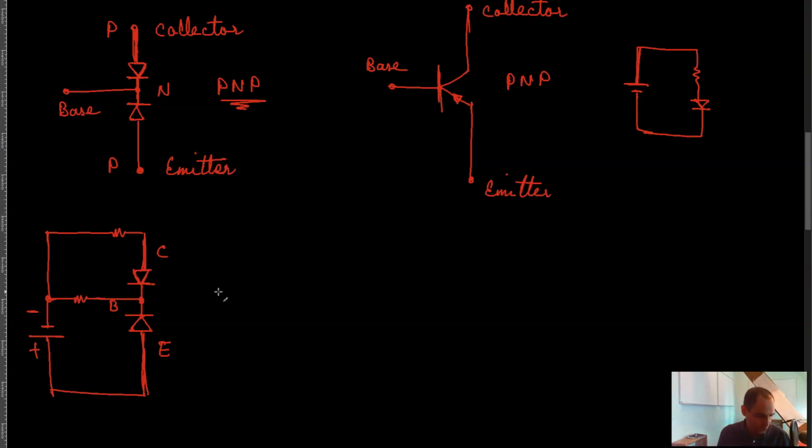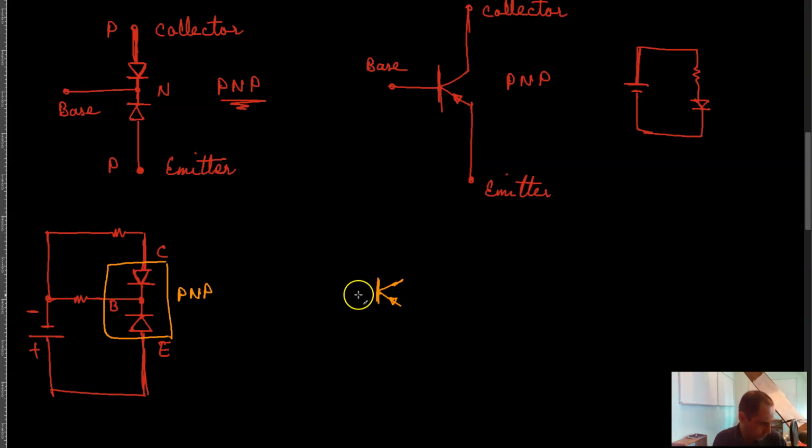Then for this part, I can substitute it with an actual schematic of a PNP. I can draw a PNP transistor like this, and the arrow is pointing inwards.